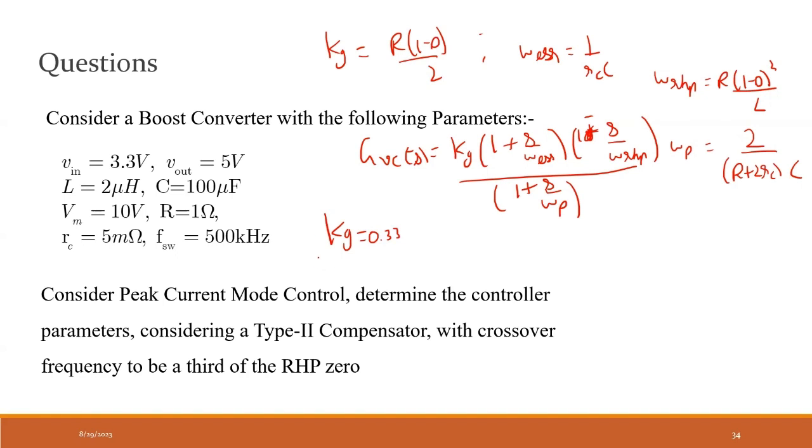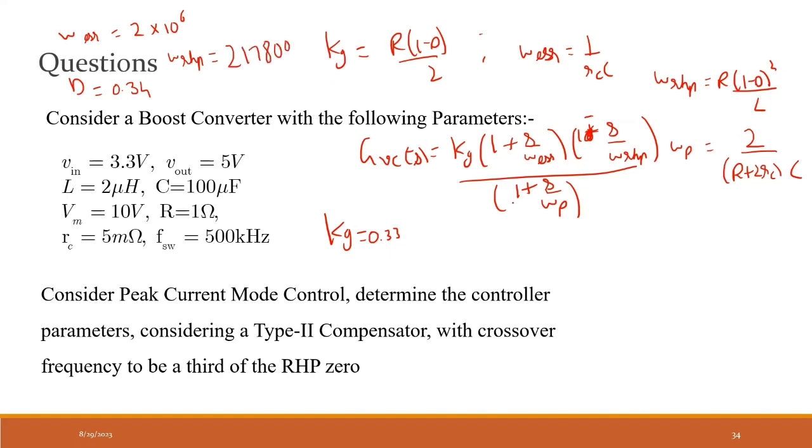Omega ESR is 2 into 10 to the power 6. Omega RHP is 217,800, correct.